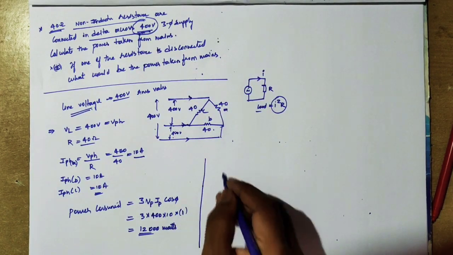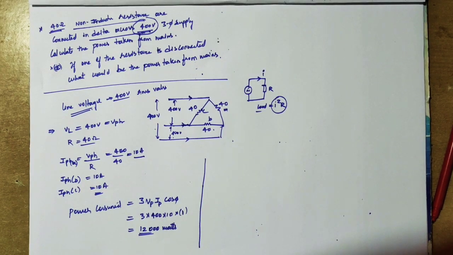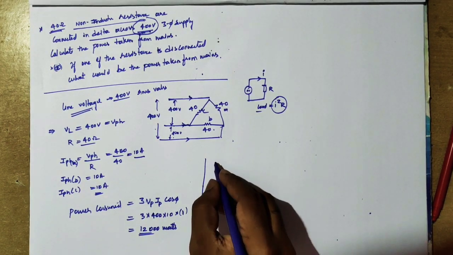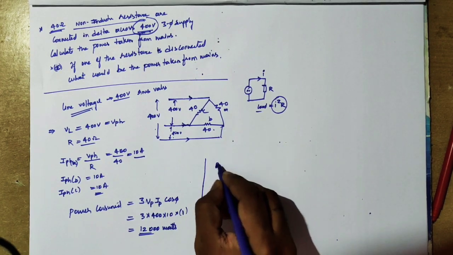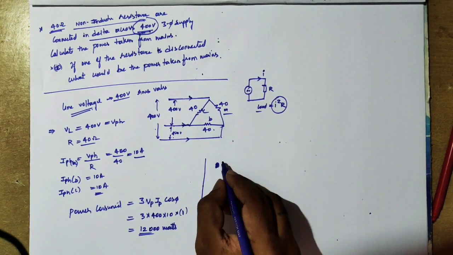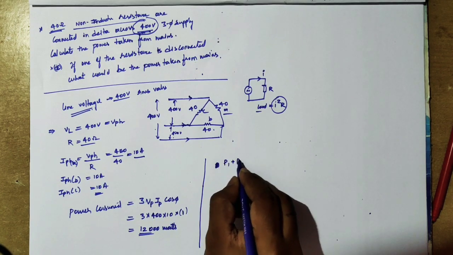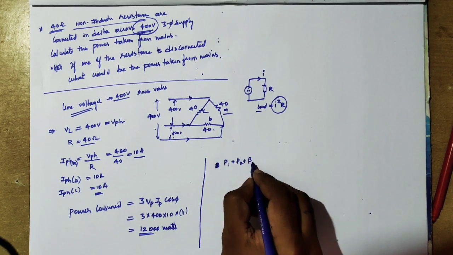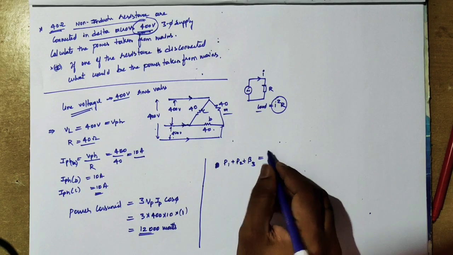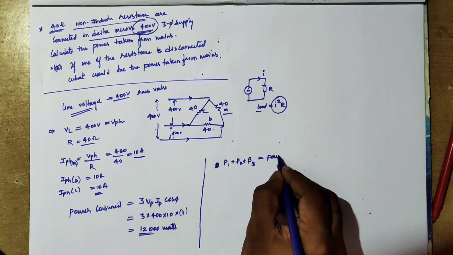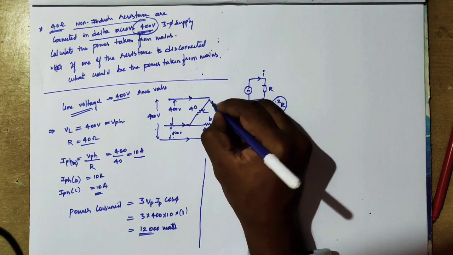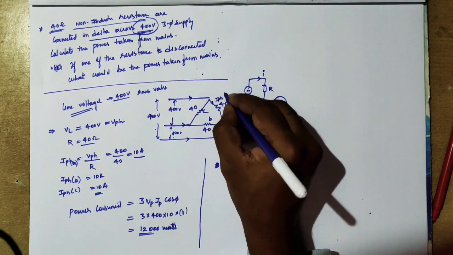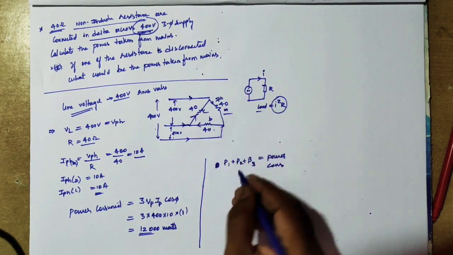Okay, you can find this in another form. Simply you can also form the power drawn, I'm naming it as P1 plus P2 plus P3, total power consumed. Power consumed by 40 is I phase. This is I phase, this is I phase, this is I phase.